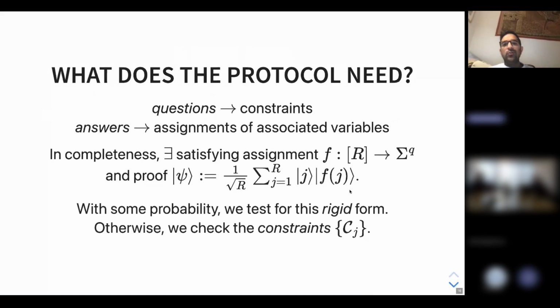The issue with this approach is: how do you test that this state is rigid? If I ask QMA for a witness, there's no reason they have to give me a witness of this form. They could be lying to me. When you say rigid, you mean that you're somehow able to ensure that it's epsilon close to this state?